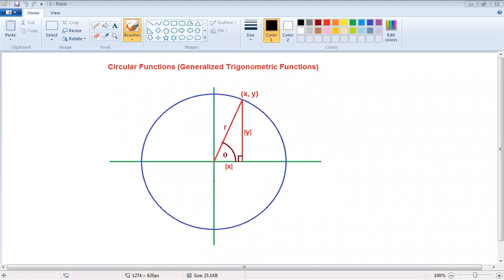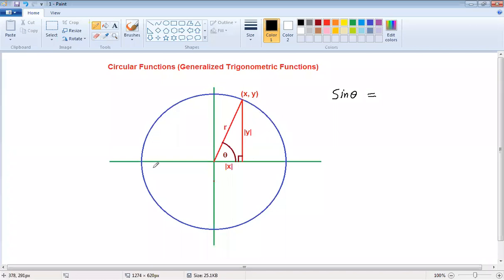So as I told, originally sine theta was defined like perpendicular upon hypotenuse.